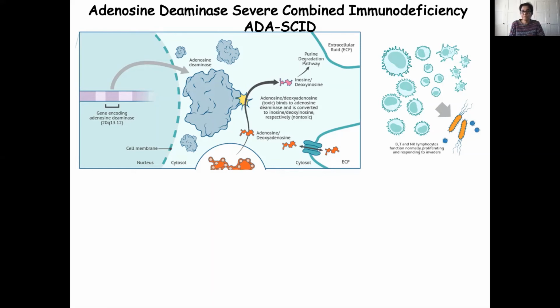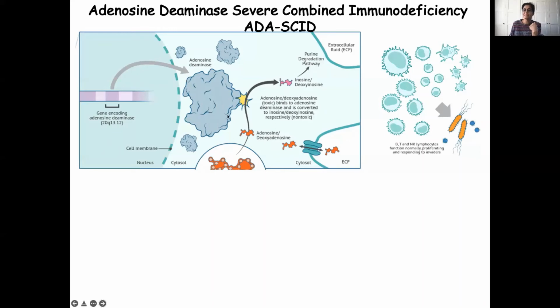Looking at the normal cell first, there is a gene coding for adenosine deaminase, which makes this weirdly shaped protein. Within our cells, there are adenosine and deoxyadenosine, which are broken down by the enzyme adenosine deaminase into inosine and deoxyinosine, which are used for the purine degradation pathway, and the cell can live happily with that.